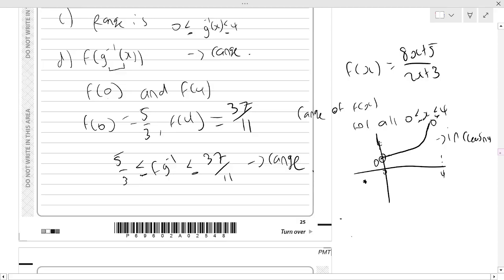So with these sort of range questions, you need to judge if the function's increasing, which most of the time it is. For A level, they're not going to make it too tricky. You can kind of assume it is, but you just need to confirm it. Then you can jump to the endpoints and get this range, and that should be your answer.